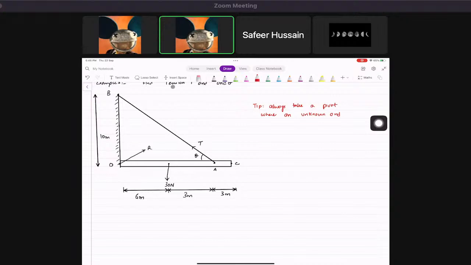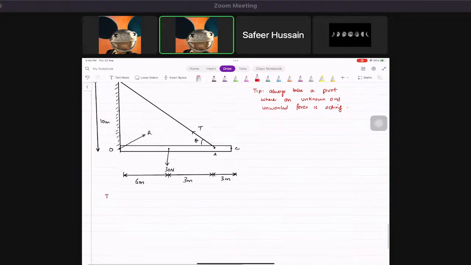So I was saying always take a pivot where an unknown and unwanted force is acting, which basically means that if I take O as the pivot, in this case, R would be entirely eliminated because it will not have any perpendicular distance to it. So then, taking O as the pivot, you're going to make the directions.